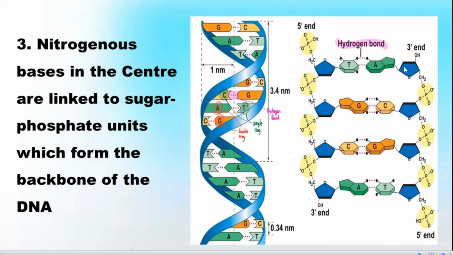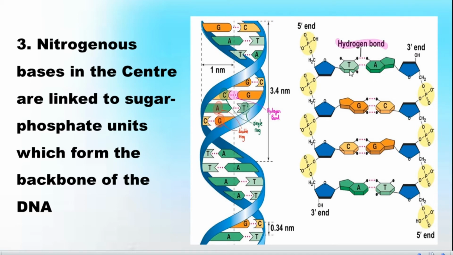So they are linked with the sugar and phosphate. So look at that, the center is linked to the sugar phosphate unit. So sugar and phosphate group, the two give the support or backbone of the DNA. So they support the nitrogenous bases.